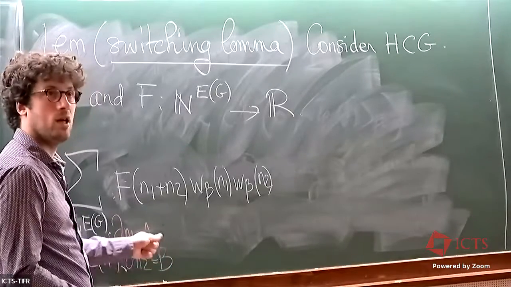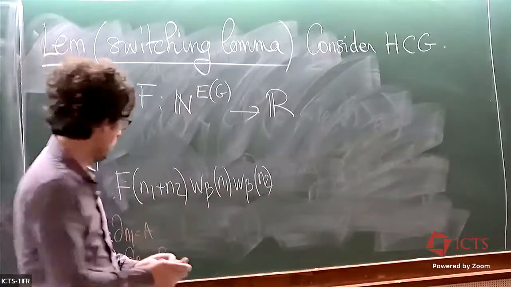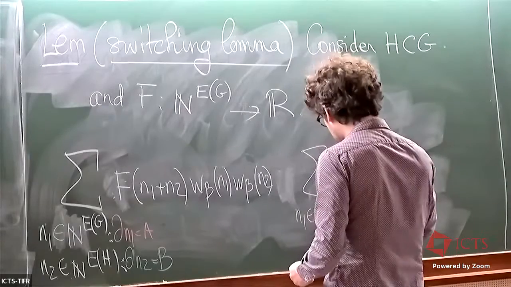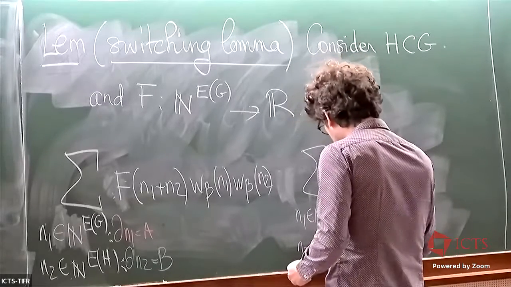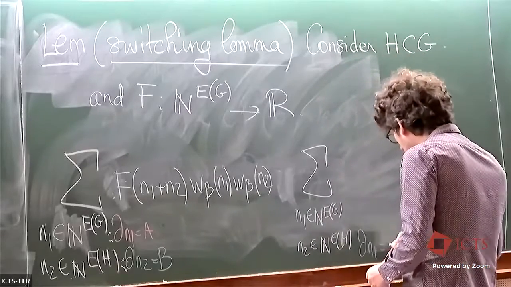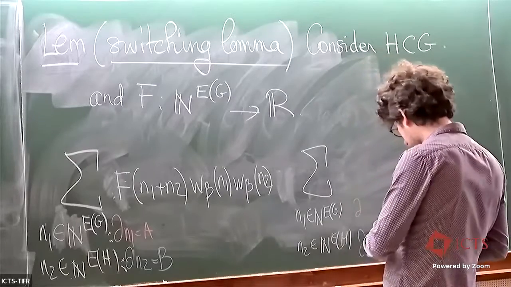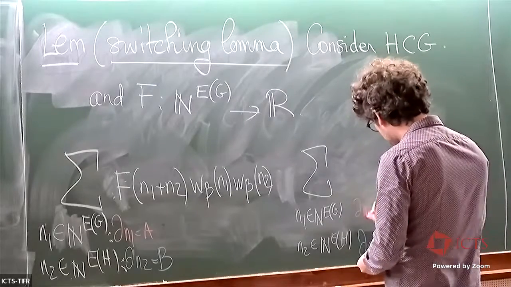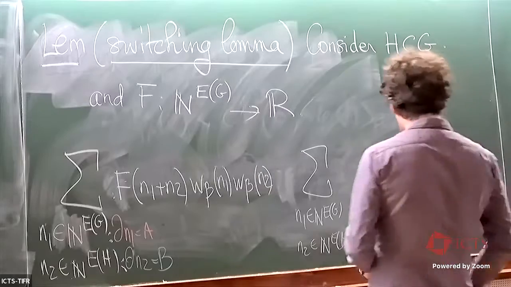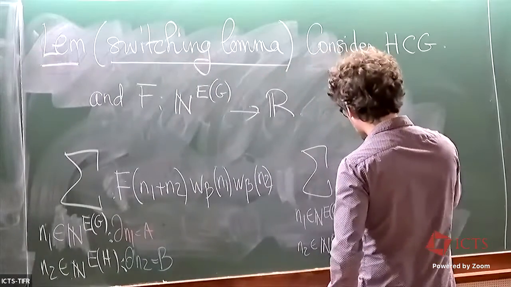Maybe I would be more interested in having that the second current has no sources and the first one has all the sources, meaning A symmetric difference B. So how does this compare, if it does, to this quantity, where I take N1 still a current on G, N2 still a current on H, but I'm asking that N2 has sources empty set, and N1 has sources A symmetric difference B. So I move the sources from A to B, and I'm looking exactly at the same functional.